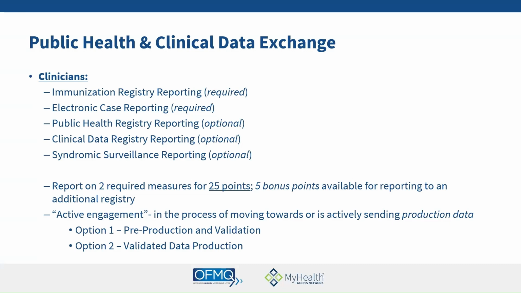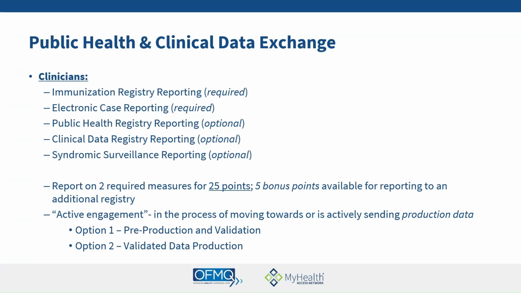This means basically that I've signed up with this registry to participate, and we're going through the processes to be able to exchange data electronically and submit what we need to. Option 2 is the validated data production. Option 2 means we've signed up to participate, we've gone through all the hoops to get the data going across seamlessly, and you have that live feed in place.